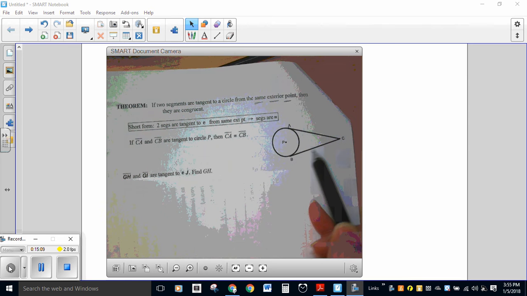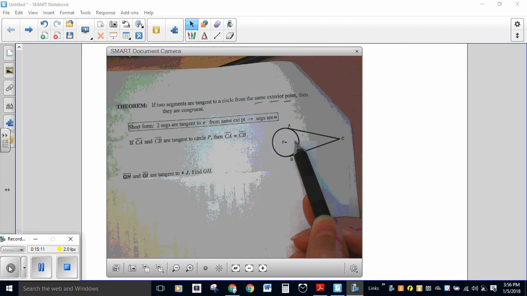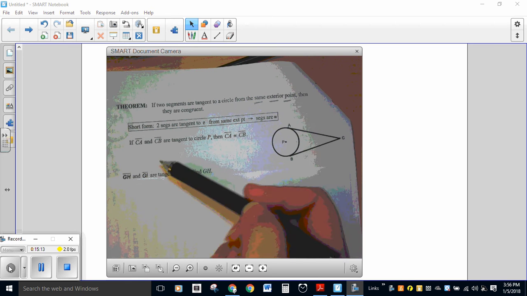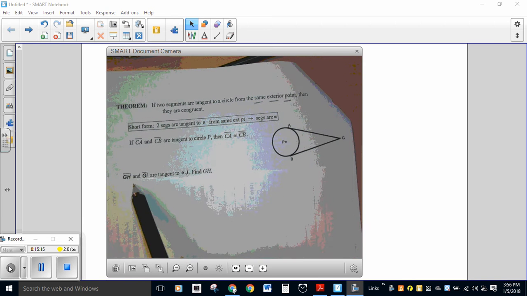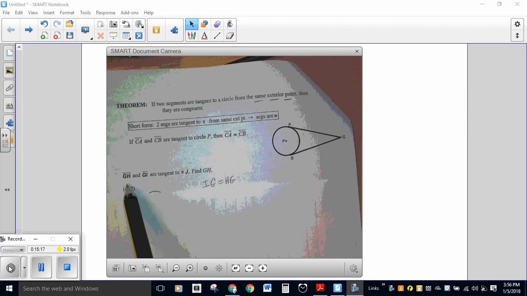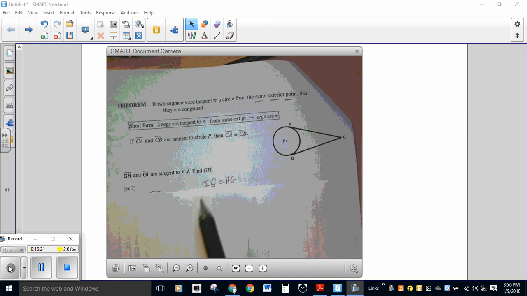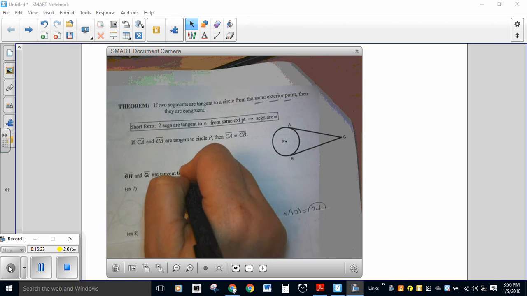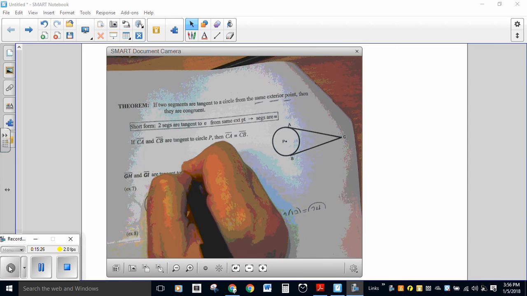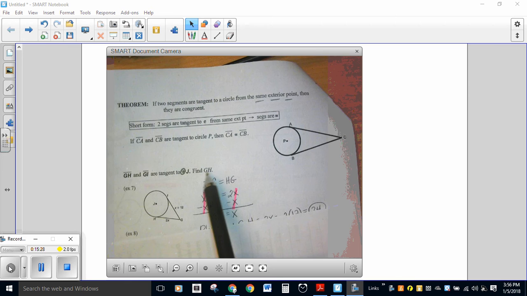All right, our question for exercise 7 says line segment GH and line segment GI are tangent to, and that should be a circle right there, circle J. Somebody put an E. Find the length of GH. So GH is 2x and GI is x plus 12.